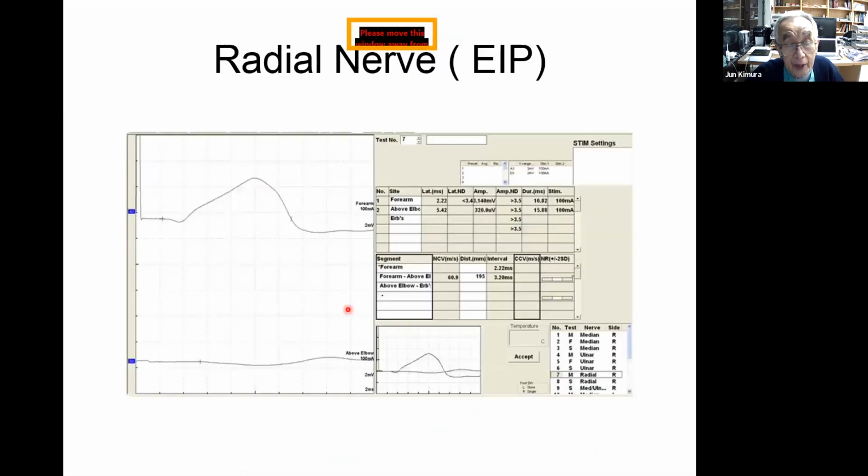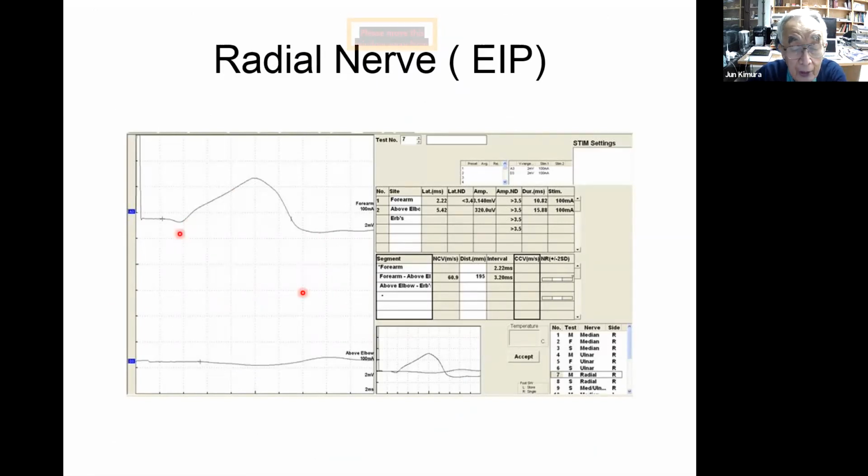And we see it here. When we did the stimulation distal to the site of the lesion, recording from extensor indicis proprius, you get a good response. And if you get a good response with distal stimulation, it's always a good prognosis because that tells you the axons are still there.